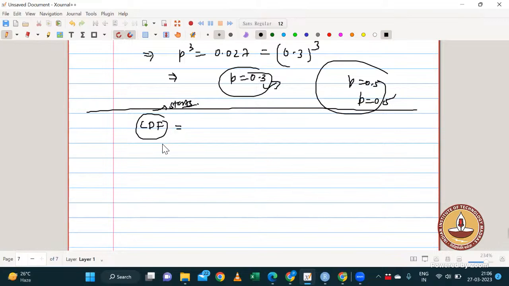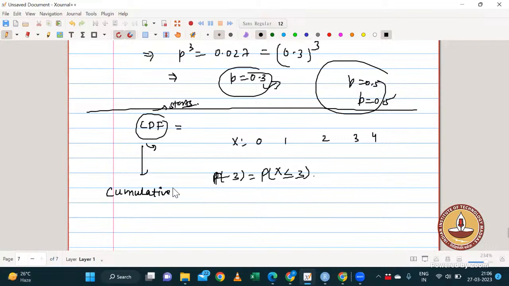Suppose my x can take 0, 1, 2, 3, 4 values, and someone asks me the CDF for 3. That would be the summation of the probabilities of 0, 1, 2, 3. Correct. What is the full form of CDF? Cumulative distribution function.